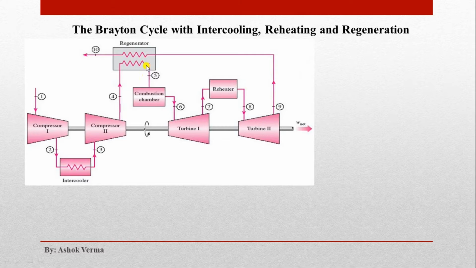and after this initial preheating the air will enter the combustion chamber, where it will be heated till the required temperature, that is the maximum cycle temperature, and then this will enter the high pressure turbine or turbine 1.